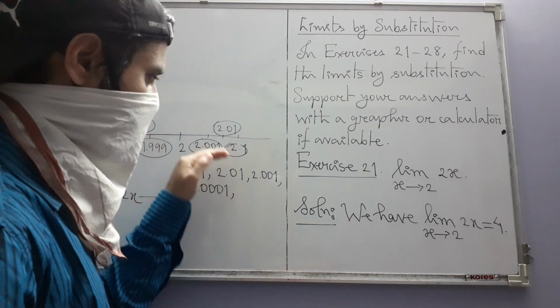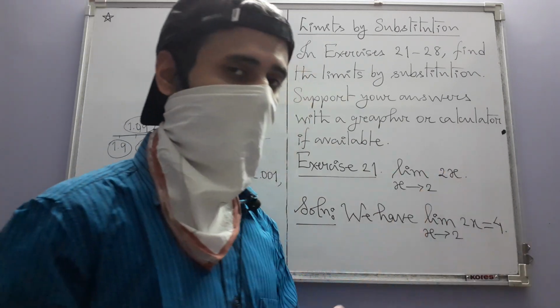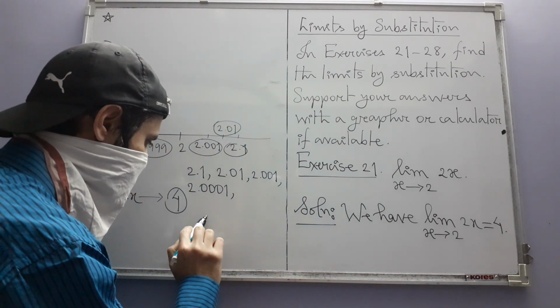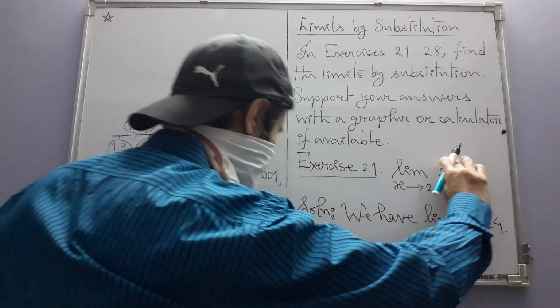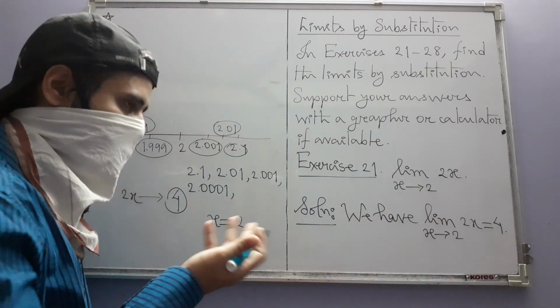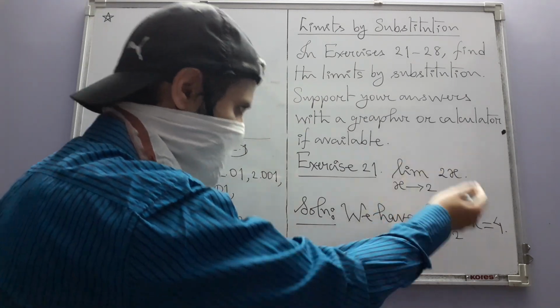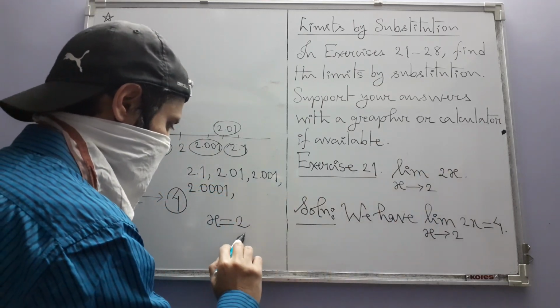But in order to avoid all of this and straight away get the result, sometimes if we really take x equal to 2 here itself, then we will get some value. Now, if there is no problem in putting x equal to 2 in the function, then we will get some value.